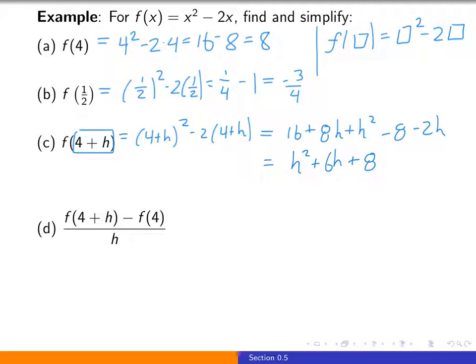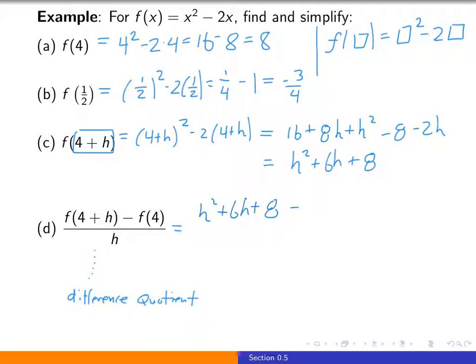Now the last part here, d, is something that we will encounter frequently throughout calculus. This expression is something that we will later on call a difference quotient. But let's go ahead and combine our work from above and simplify down to see what we get. So f of 4 plus h, we saw in part C, is h squared plus 6h plus 8.